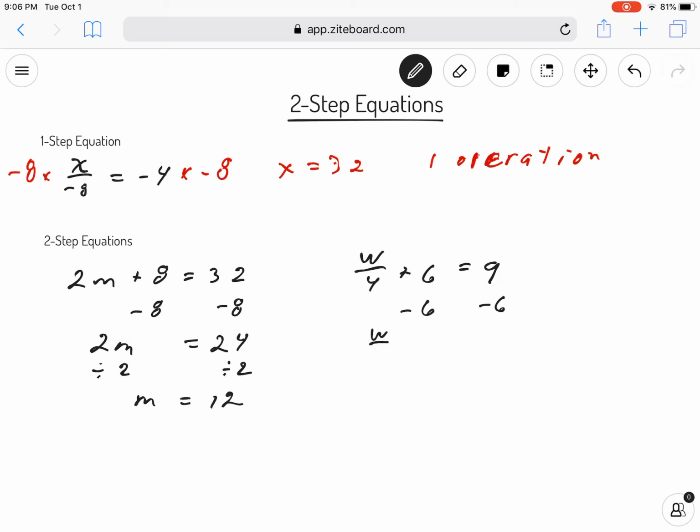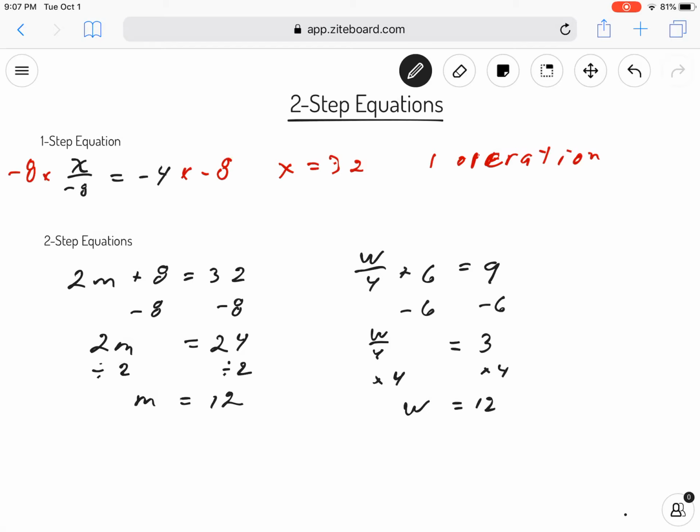Leaves us with w divided by 4 equals 3. And now since we're dividing by 4, now we want to multiply by 4. And so I have w equals 12, right? If I'm dividing by 4 and I multiply by 4, I get 1. 3 times 4 is 12.